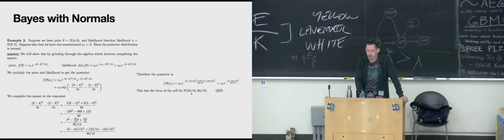My brain is broken. 12, 24, 48. Is it a little bit bigger than 8? Who's better at this kind of math than me? 44 over 13? Somebody got their calculator out, so I don't have to. I think it's a little bit bigger than 8, but I might be wrong.